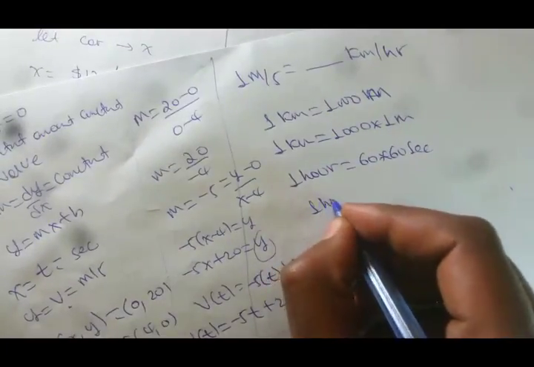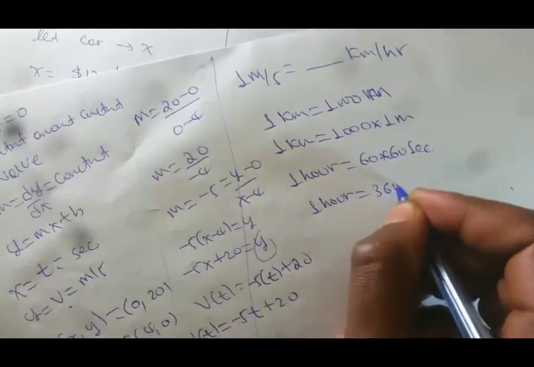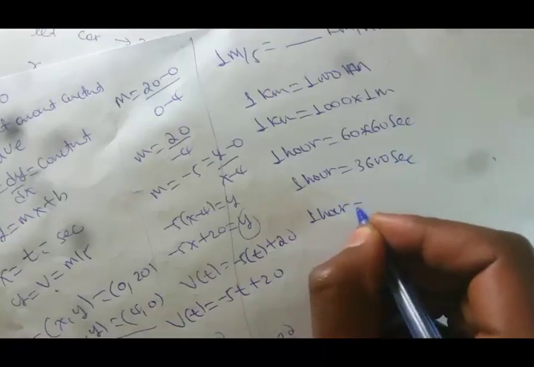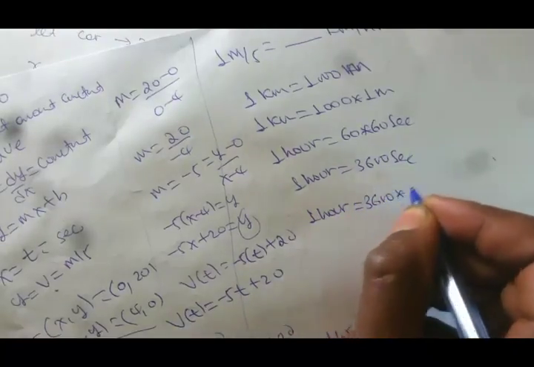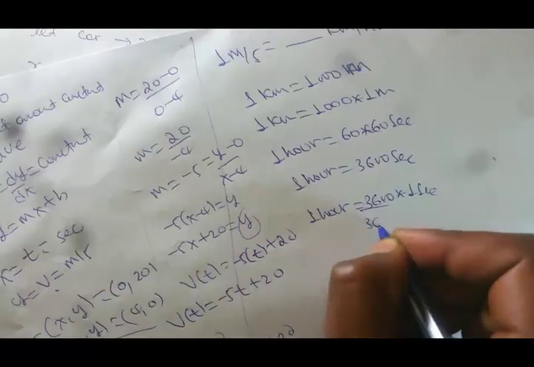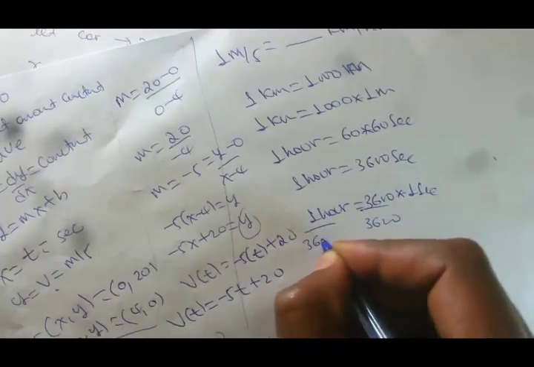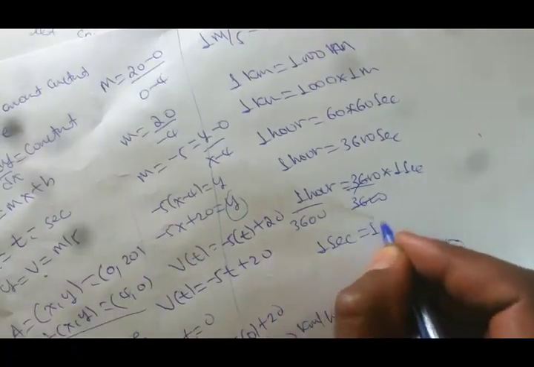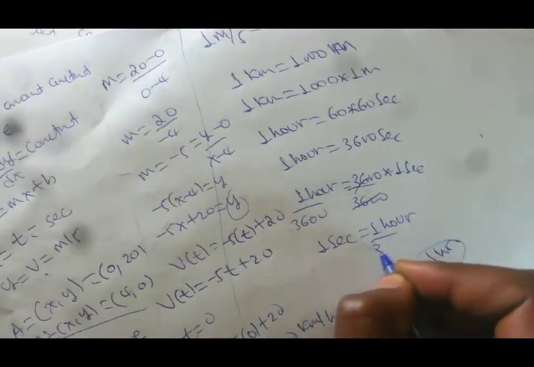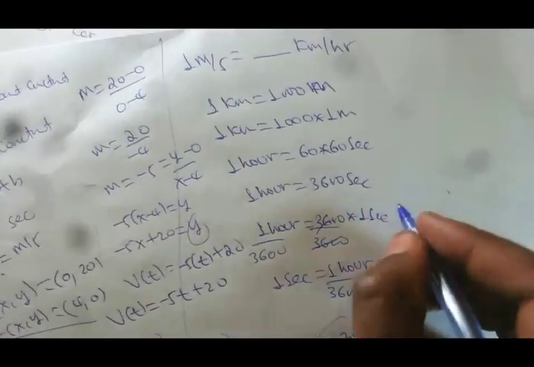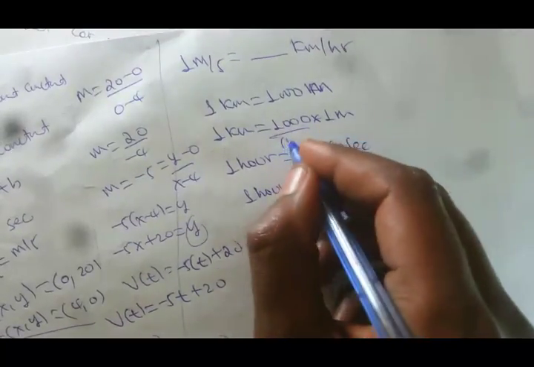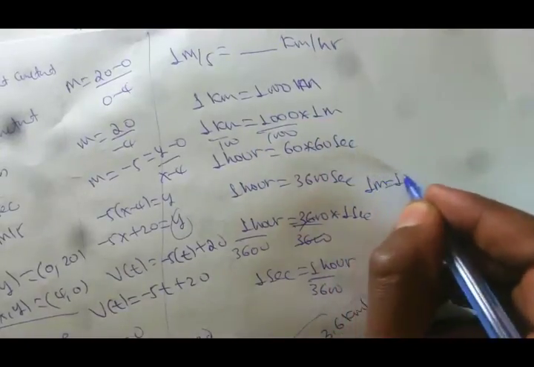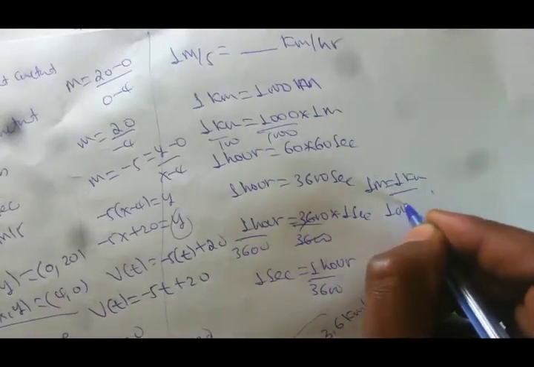Therefore 1 hour is equal to 3600 seconds. Therefore 1 second is equal to 1 hour over 3600.